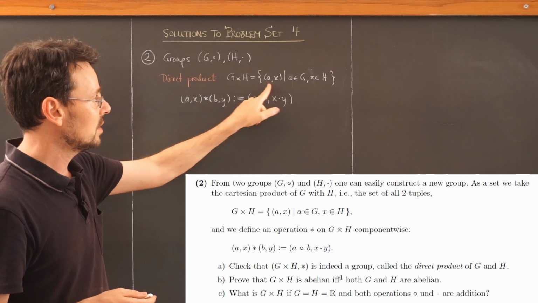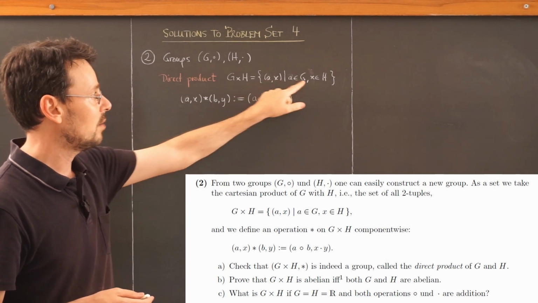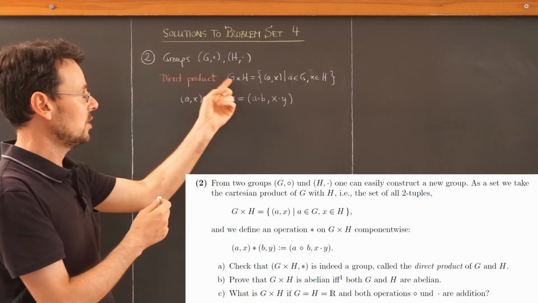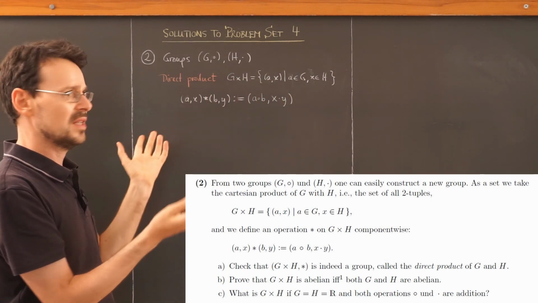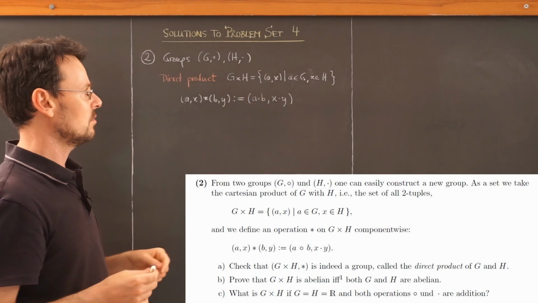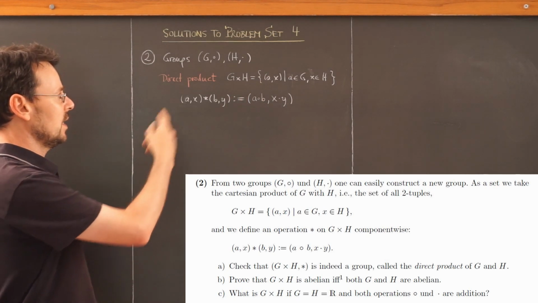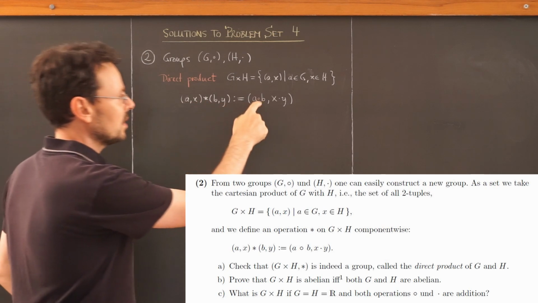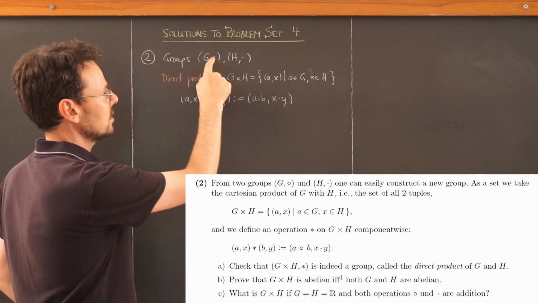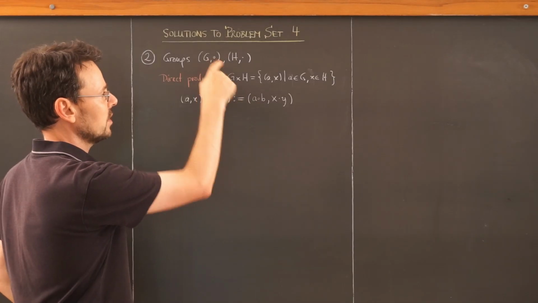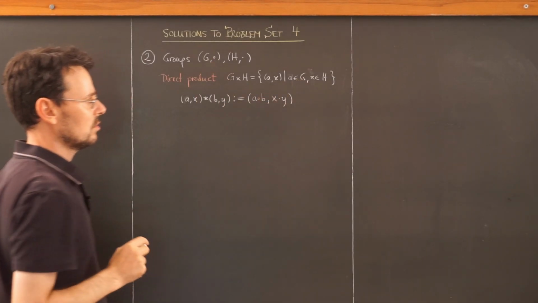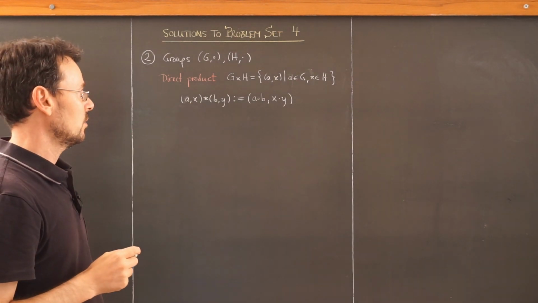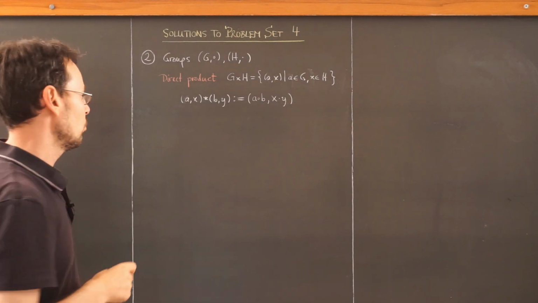So you simply take these tuples here, a belonging to G, x belonging to H, and G cross H or G times H is just the set of all those tuples. And as operation, you take one tuple star the other by simply taking component-wise. Here in the first component, the operation in G, and in the second component, the operation in H. And we are to verify that this is actually a group.